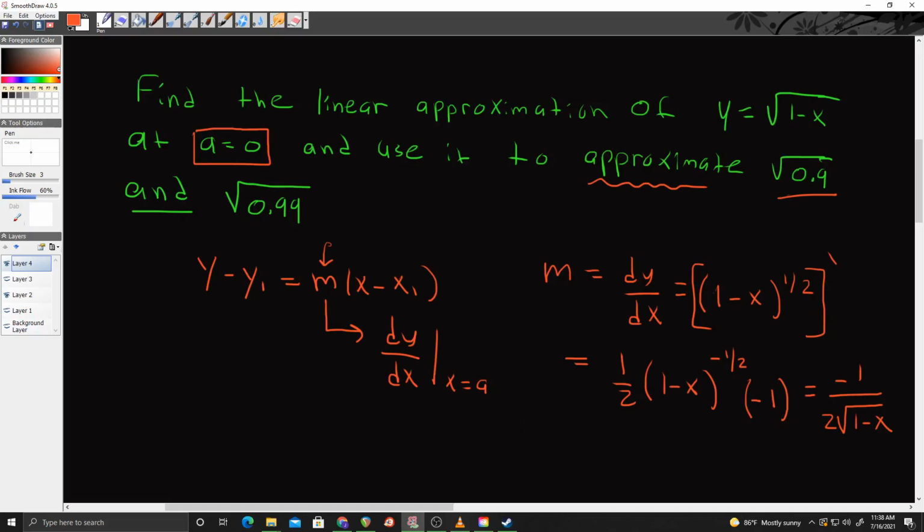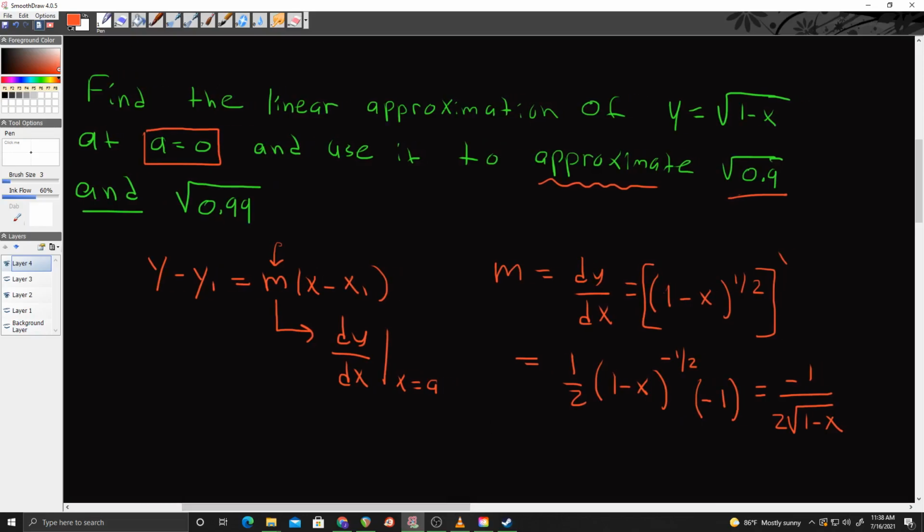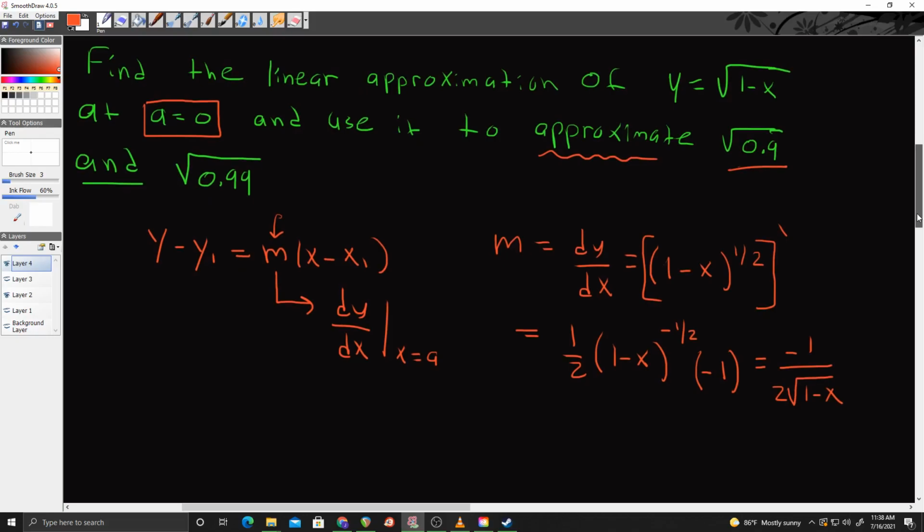And now we just need to plug in. Well, what are we asked to approximate, right? Let's get that straight away. We are asked to approximate the square root of 0.9. We have our slope here.